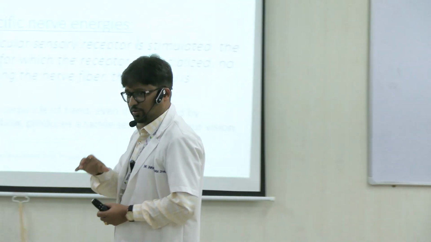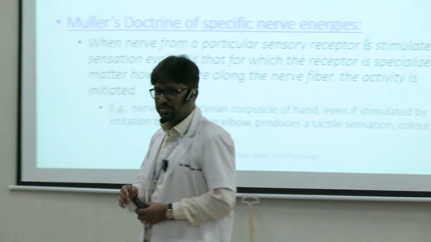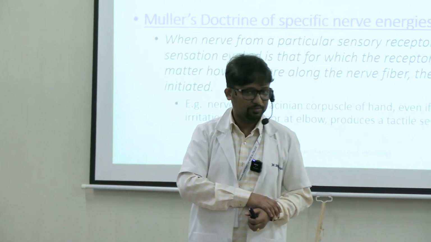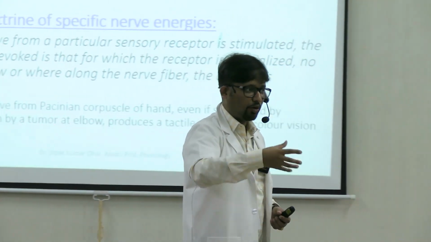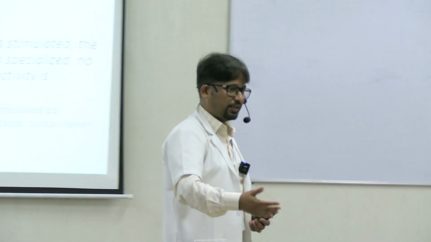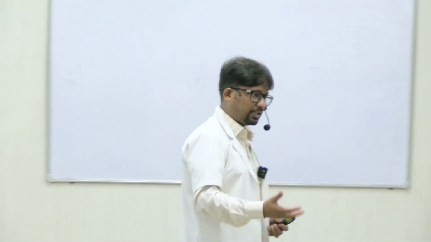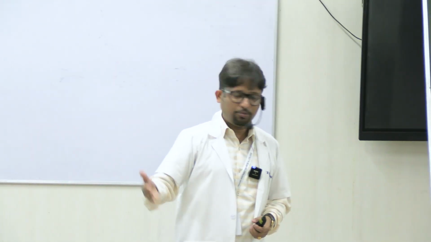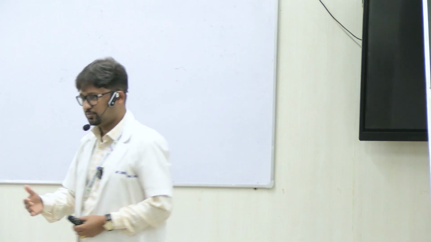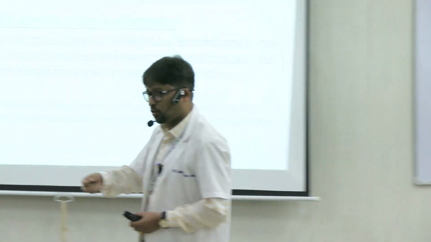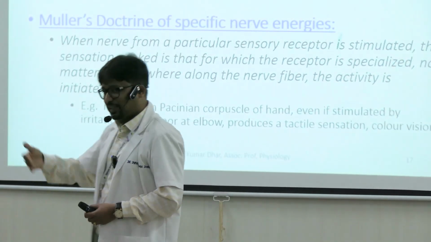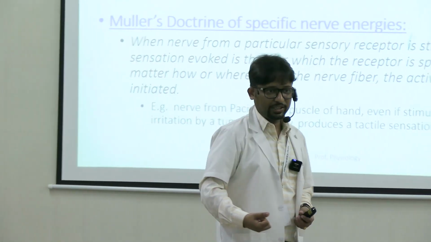thermoreceptors. Let's take the example of receptors which detect cold temperature. If the temperature of the water you're holding is around 20 degrees Celsius, you will feel it is cold. If I keep reducing the temperature, say 5 degrees lower, you feel it is colder. At 12 degrees Celsius, you feel it is even colder.